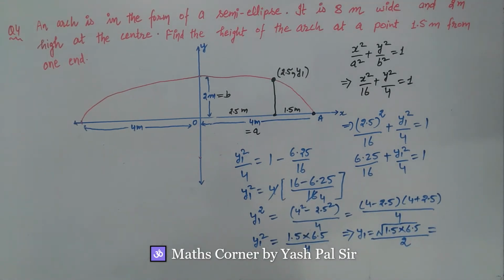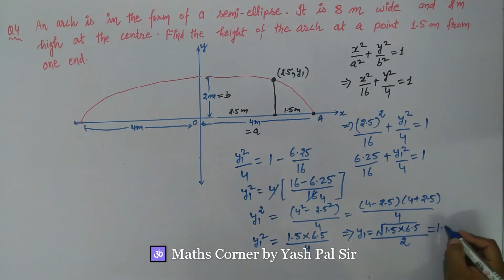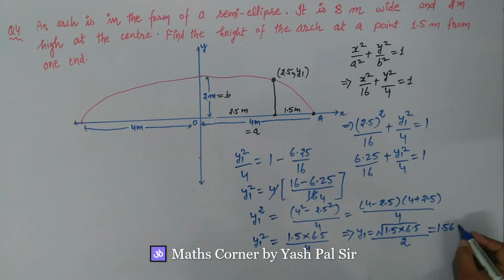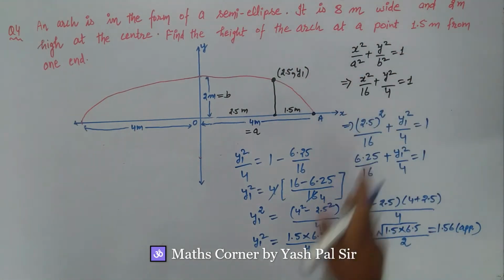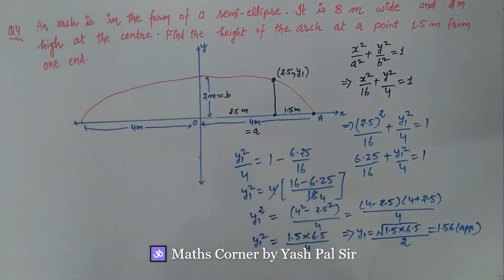So this is equal to 1.56 approximately. Right, so this is the desired result: the height of the arch at the point 1.5 meter from one end.